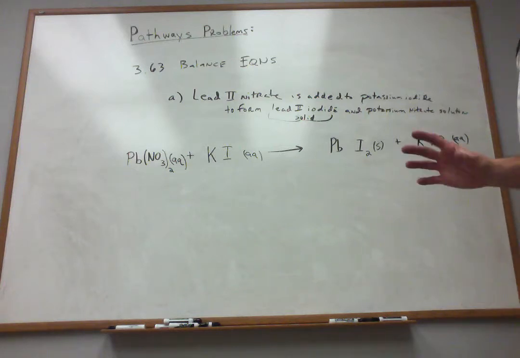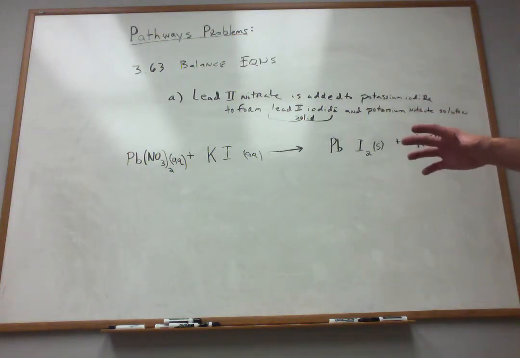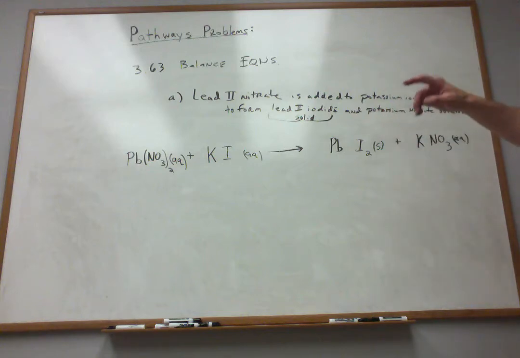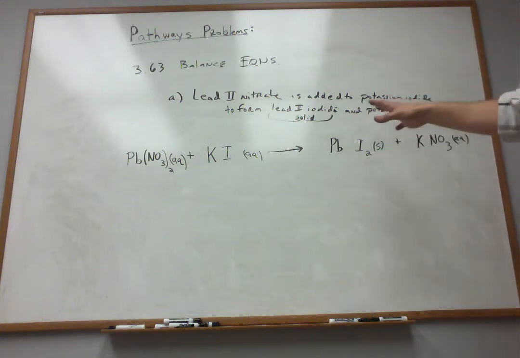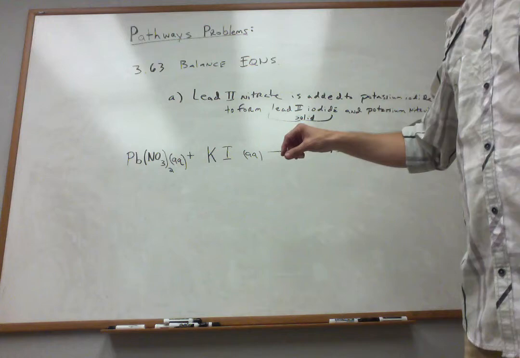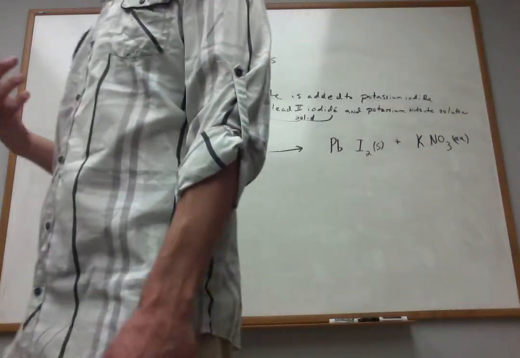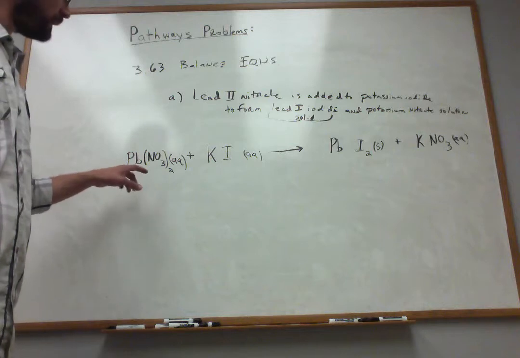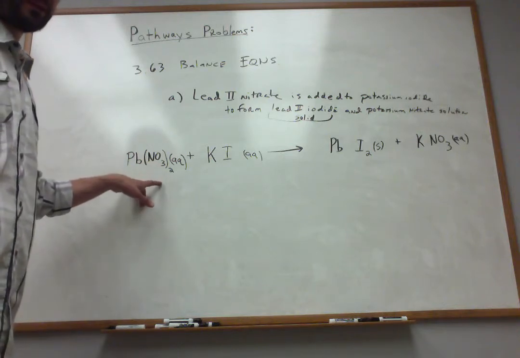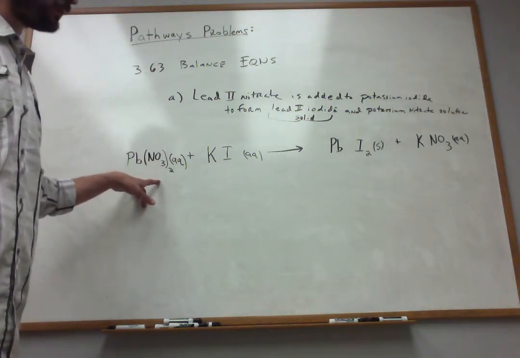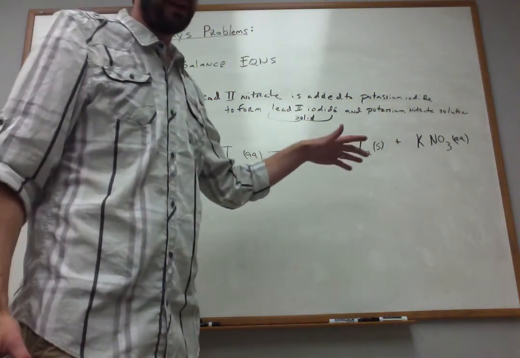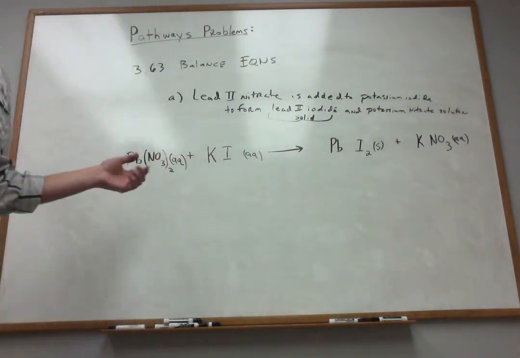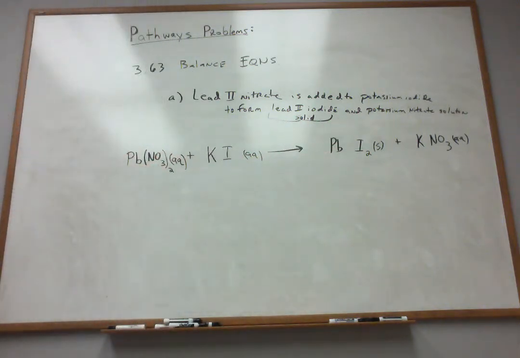Now, one thing that I want you to notice when I'm working this problem, notice what I did. I took the names and I wrote the formulas. What was primarily important there, or what was driving my thought process, was that I had to balance the charges and write the correct formulas for my ionic compounds first. Now, this equation is not balanced yet.